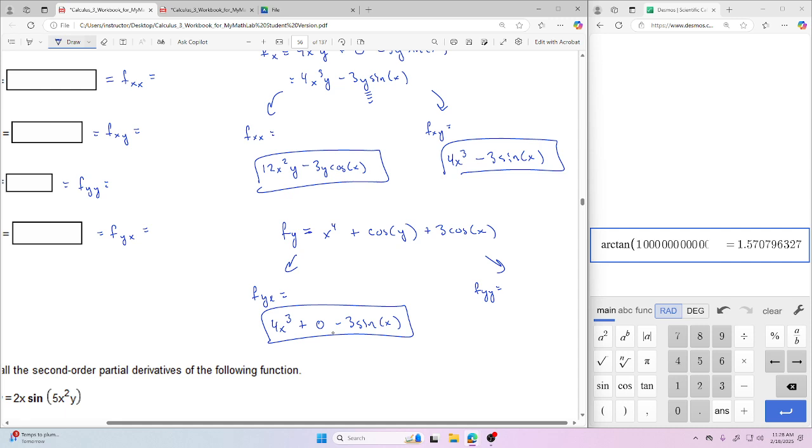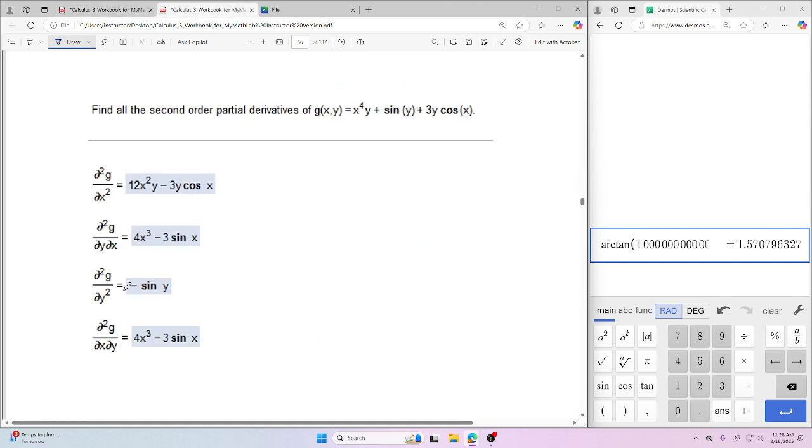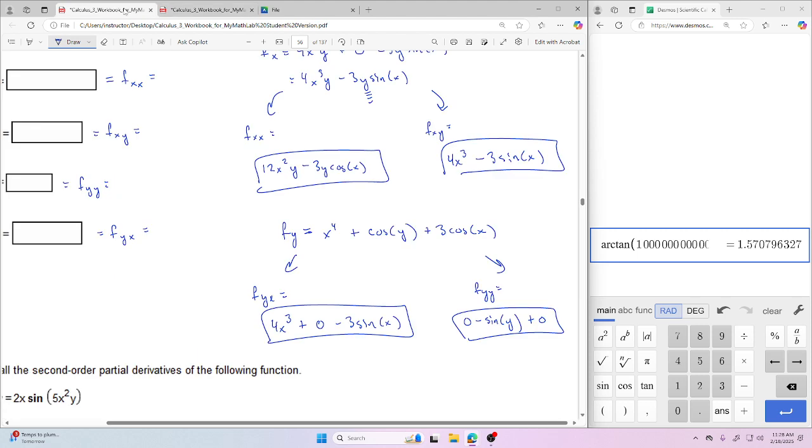Good. And for yy? So the x to the fourth would go away. Good, good. Then you have a negative sign. Oh, yes. You're right. Very good there. And then that would be it because the other one has an x in it, so it would just go away. Oh, okay. So more zeros. Let's check it out. And indeed. So that was my yy, and that was my yx. Cool. Cool.